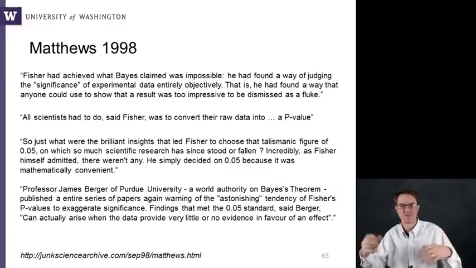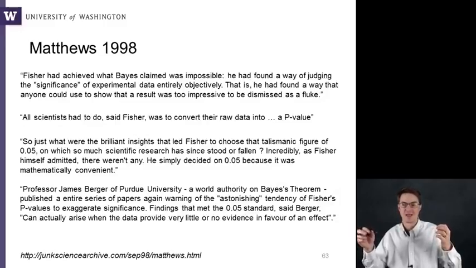And all you had to do was convert your raw data into this thing called a p-value. All right. Now, you still have to have some sort of threshold to measure the significance of this p-value, and that was written up as 0.05 by Fisher, in an original paper. So what were the insights that led to this particular value of 0.05? Well, Fisher admitted that there weren't any. He simply decided 0.05 because it was mathematically convenient.